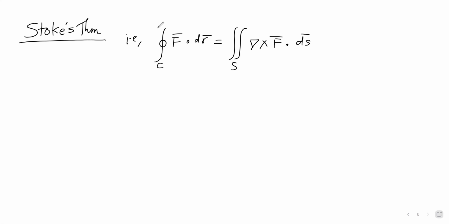So we have that the integral of f bar dot dr bar over the closed curve C is nothing but the double integral over the surface of del cross f bar dot ds bar, where ds bar is nothing but n cap ds. So whenever I write n cap ds, one can write it as ds bar also.